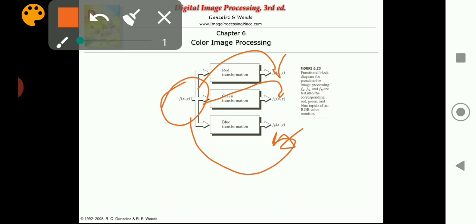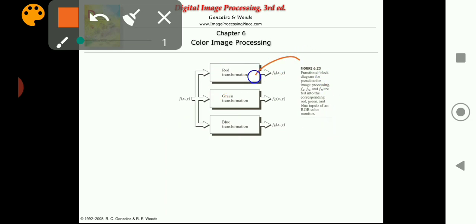Once we get all these 3 transformations, we will feed them into a colored television monitor. That means the monitor will take all the 3 transformations, and then these will be fed into a color television monitor.